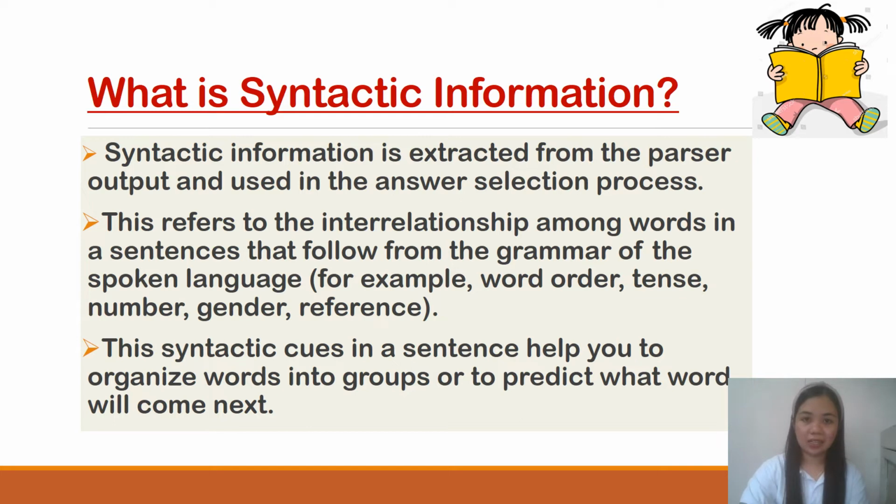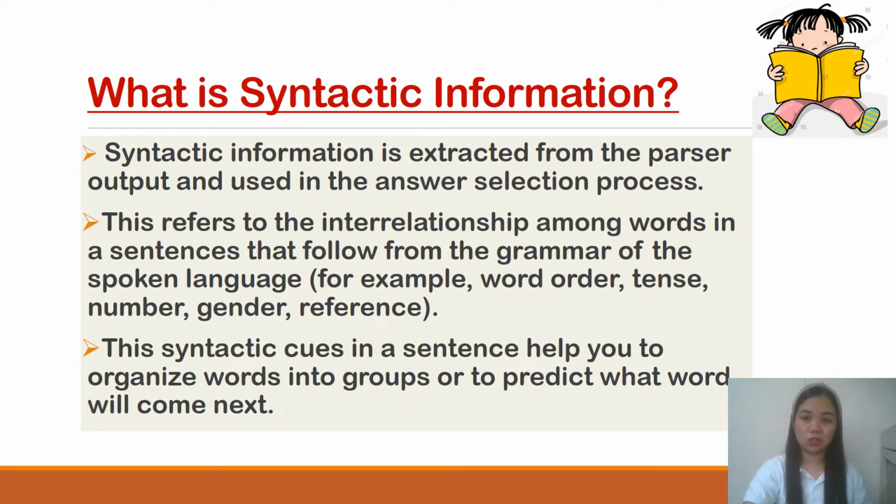Meaning, it refers to the formation of how sentences work, the meaning behind word order, which means the order or arrangement in a phrase, clause, or sentence. This refers to the interrelationship among words in a sentence that follow from the grammar of the spoken language. For example, word order, tense, number, gender, and reference.